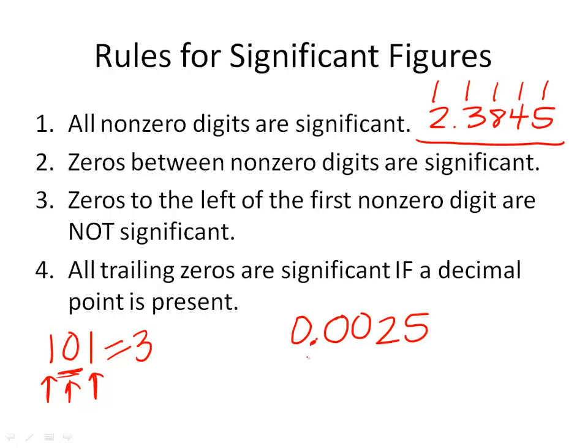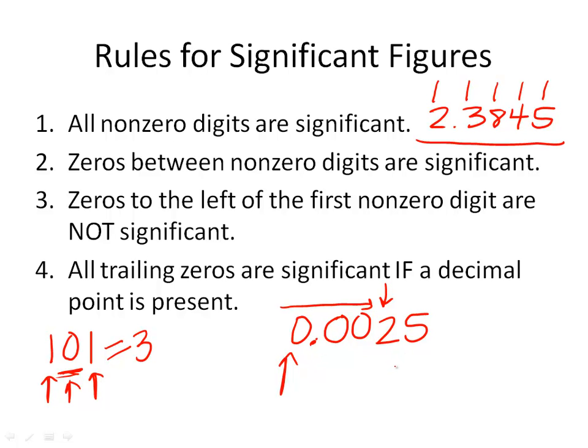A trick that I use is when you're counting significant figures, you always start counting on the left-hand side and you always start counting with your first non-zero digit. So if I start counting on my left, my first non-zero digit is going to be what? It's going to be this 2, right?